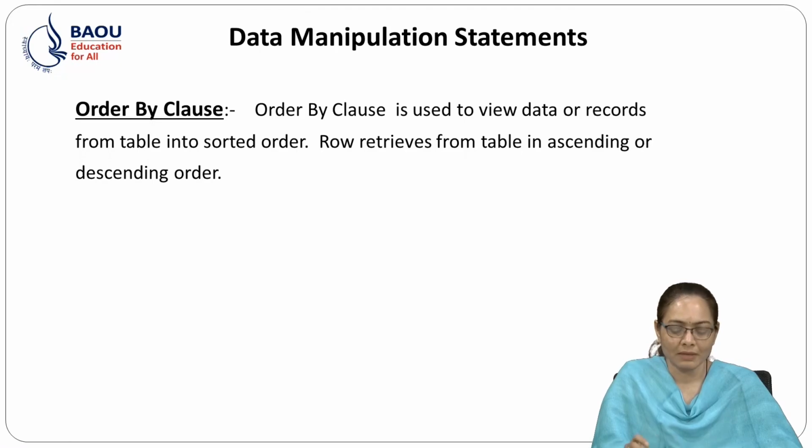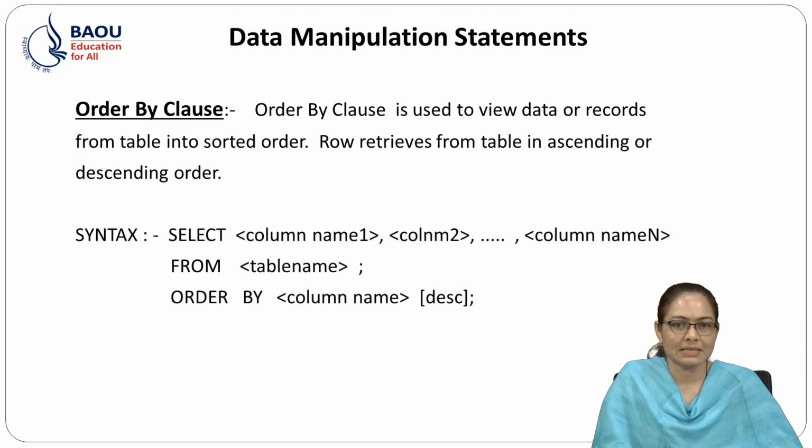Here, see the syntax of the order by clause. Select column name 1, comma, column name 2 up to column n from table name. Then order by column name.